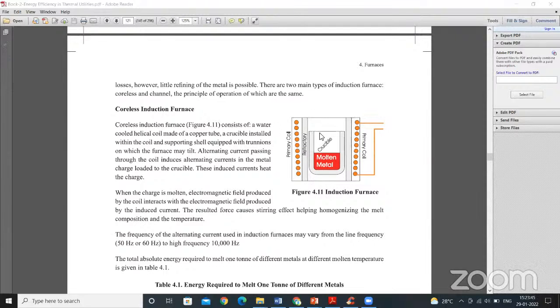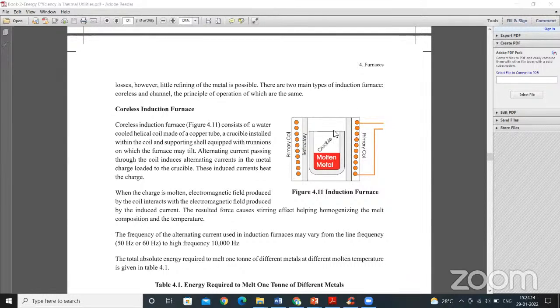Similarly, before the tapping, they will take a sample, a small liquid portion, and that is given to the spectro lab, and they will check the metals inside the system, whether it is the correct combination or not. Normally, the spectro lab is inside the factory, and sometimes it is very far away from the furnace area.